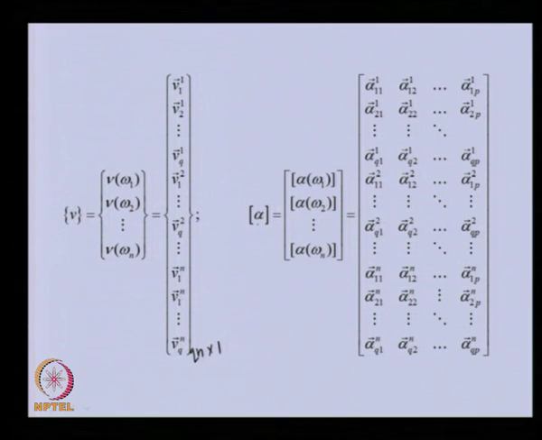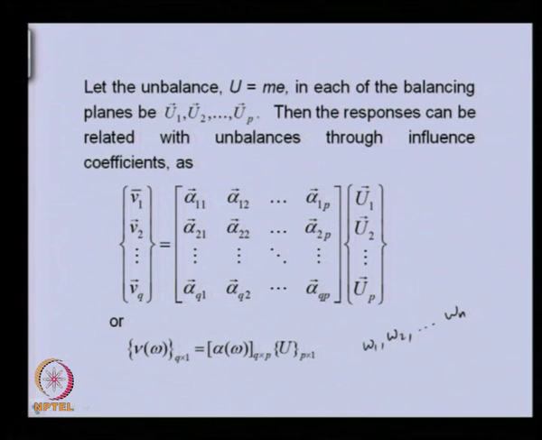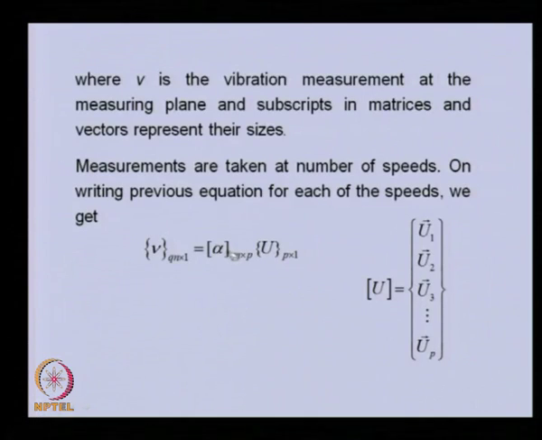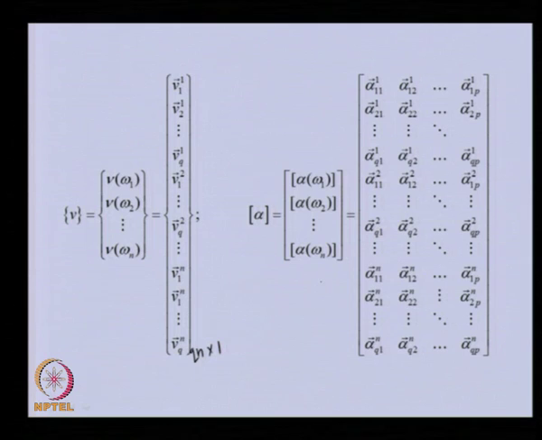Similarly, the influence coefficient, because now they are changing with speed, earlier the size of the influence coefficient was Q into P. So every one is Q into P. You can see that now the size will be Q into n into P. That means Q n times into P, because there are n such influence coefficients. So the number of rows will be n times that of one influence coefficient. And here we have written it in the expanded form.